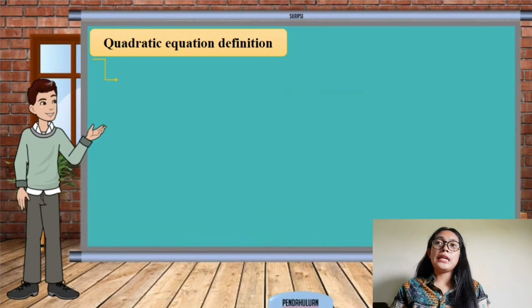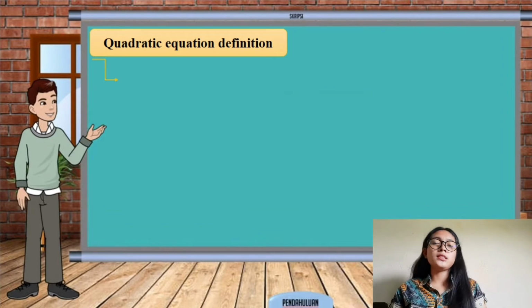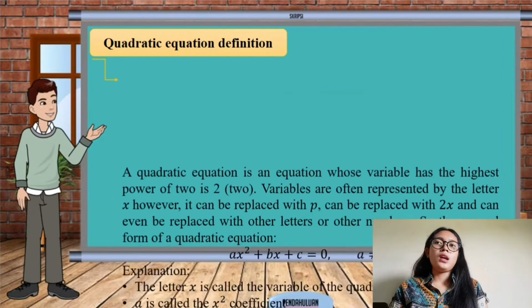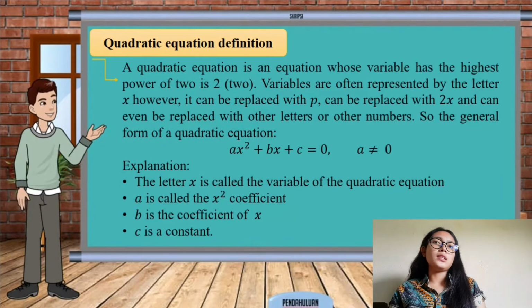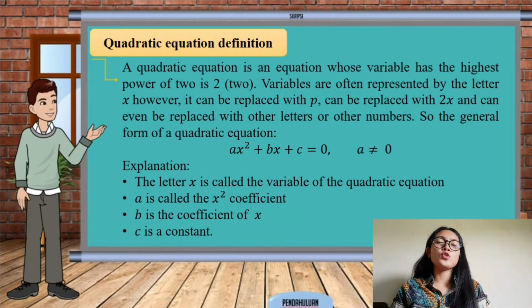The first topic is quadratic equation definition. A quadratic equation is an equation whose variable has the highest power of 2. Variables are often represented by the letter x.